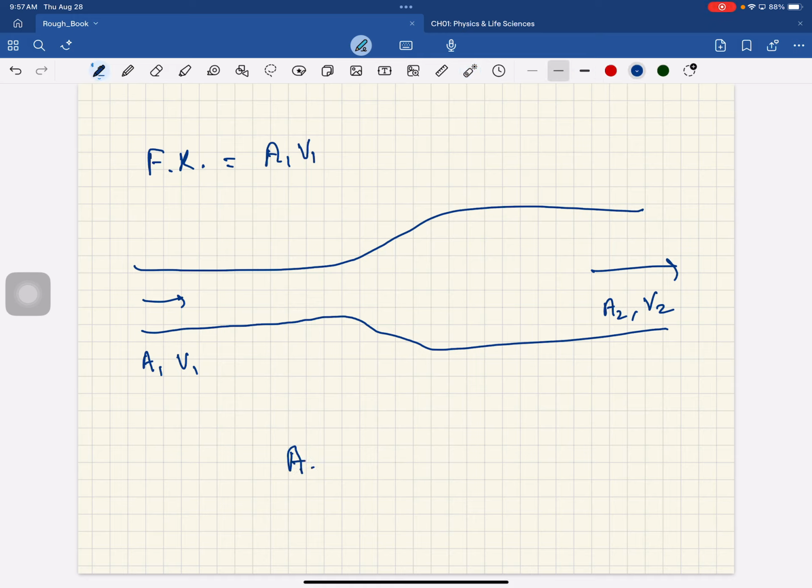A1 V1 must equal A2 V2. Right? But A2 is bigger than A1, so V2 must be smaller than V1. So you guys understand? As soon as the pipe got wider, the fluid slowed down.